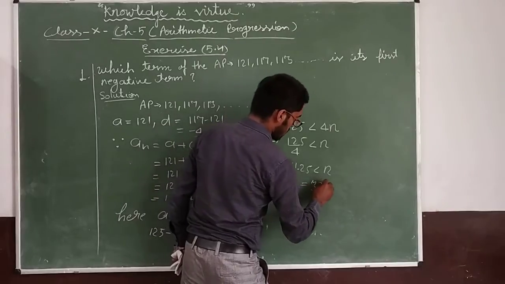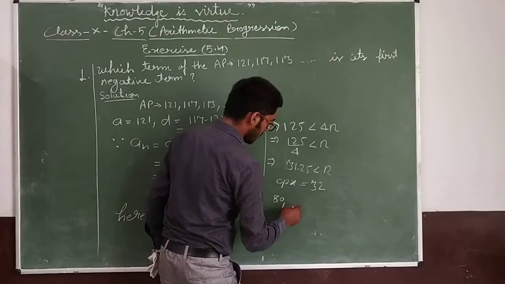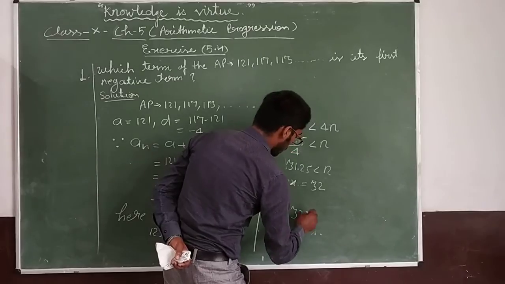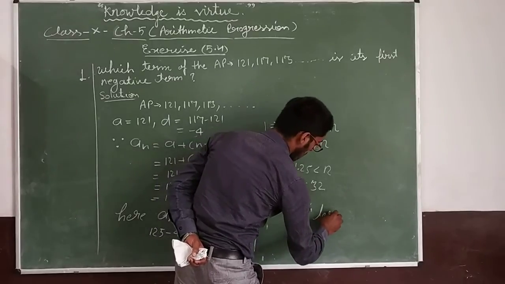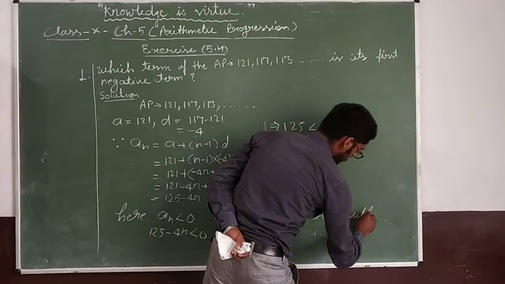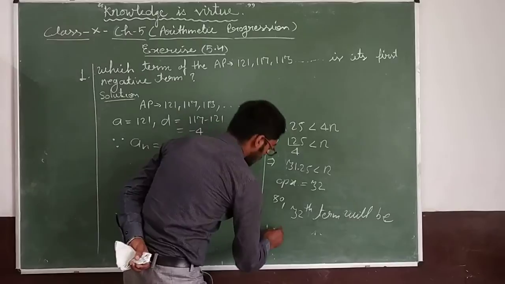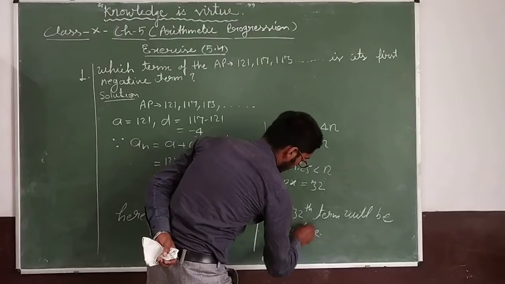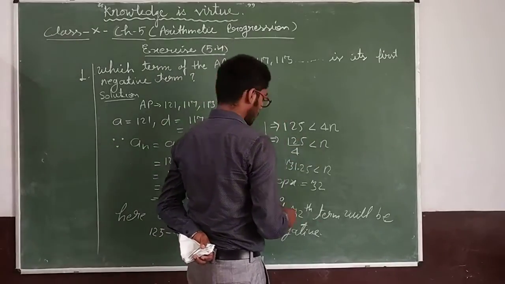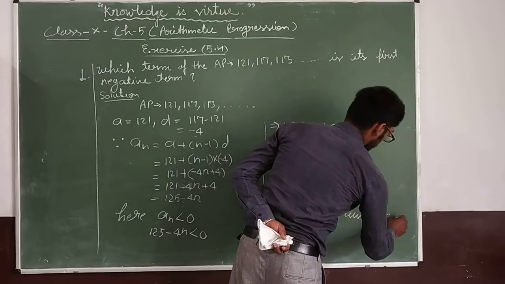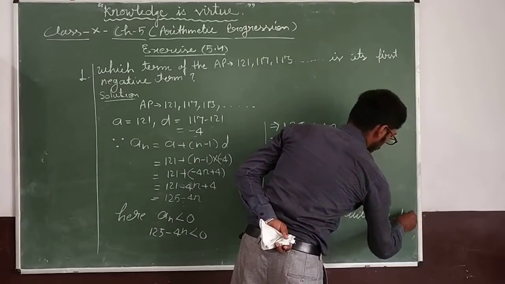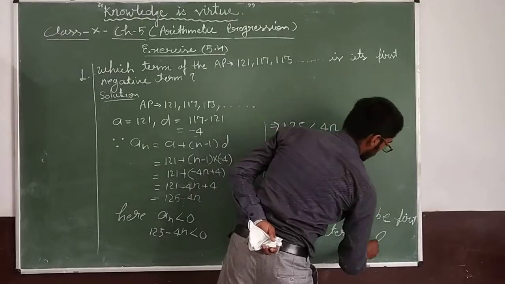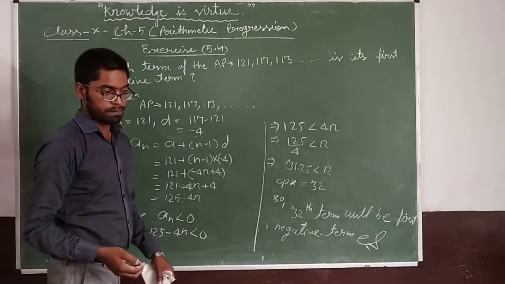So the 32nd term will be negative, meaning it will be the first negative term. That is your answer. Let us solve the next question.